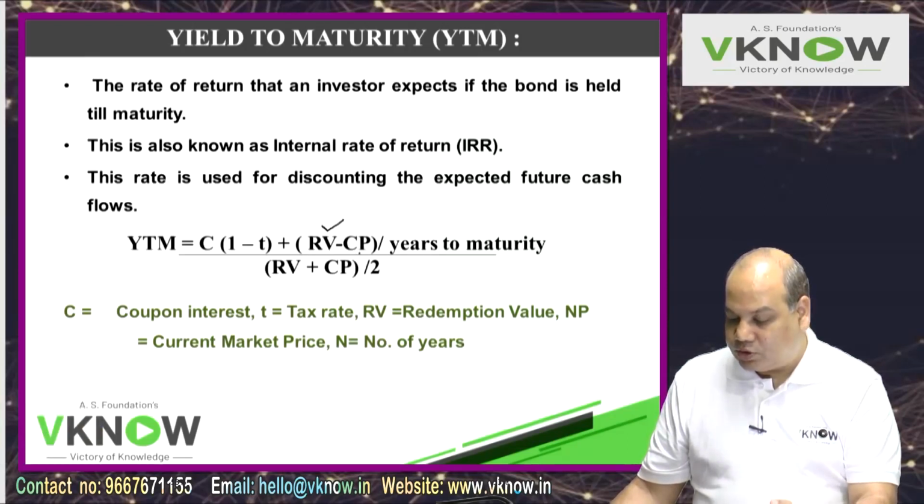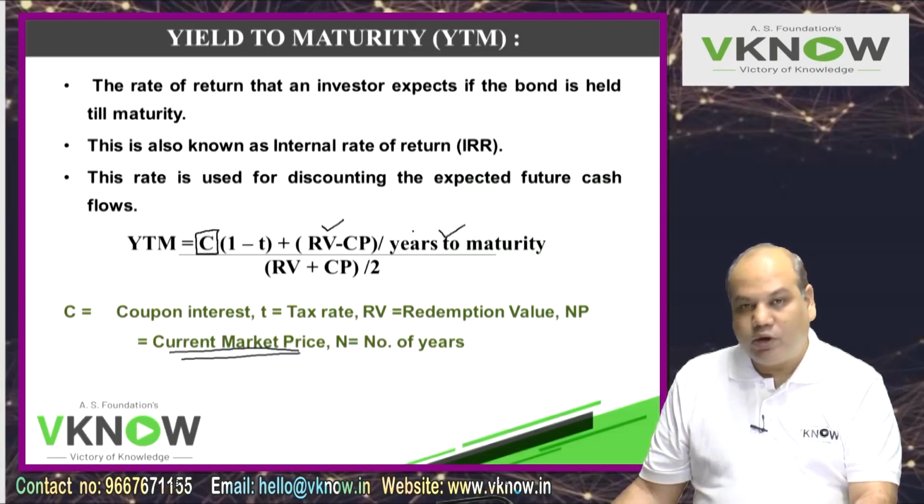And CP means current market price, which will be given in the problem because that is needed to solve. Divide by years to maturity, as we are talking about a coupon bond which will pay a fixed coupon every period and be redeemed on maturity. Divide by the average of CP plus RV, by 2.